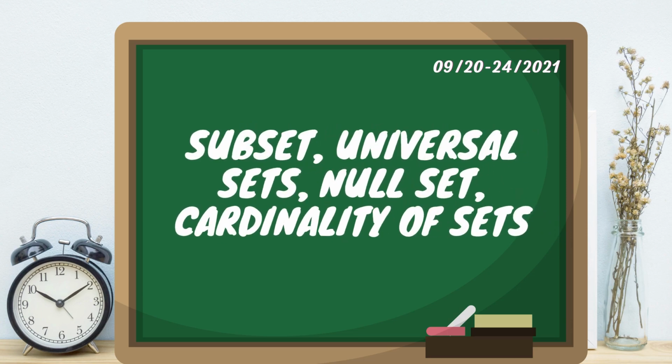You are now able to write sets using different forms as we have discussed in the previous video. Let us now explore more concepts about sets, which are subset, universal set, null set, and the cardinality of sets. We will also be having a short discussion on the different types of sets.